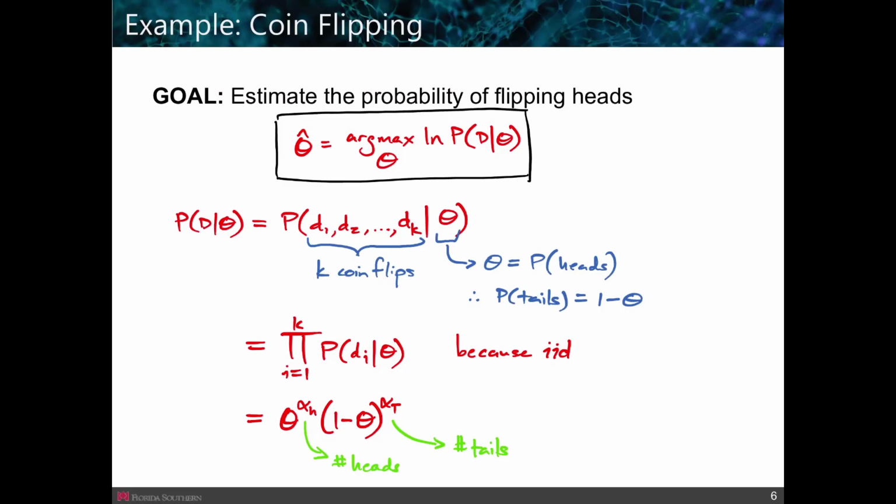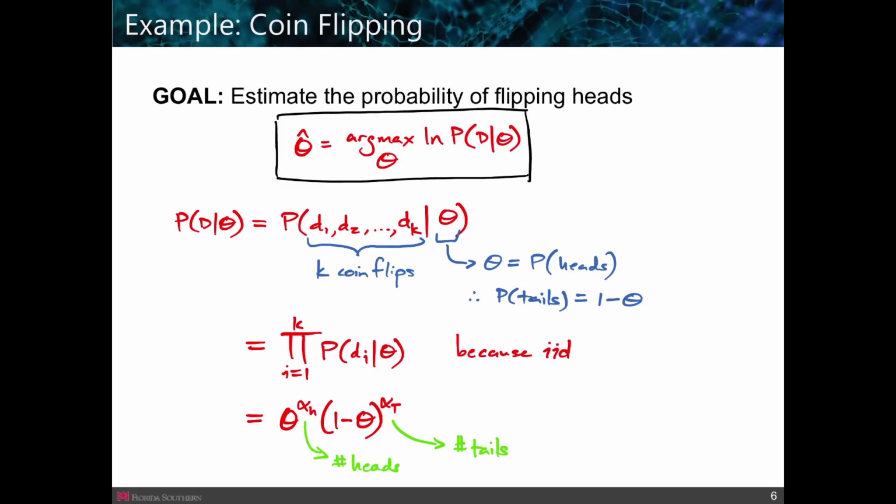Okay, and then because these are independent and identically distributed, we can change that conditional probability, which involves the joint distribution of all the data, all of the coin flips, into the product of the individual conditional probabilities. So we have P of D sub I given theta here. What's the probability of one of the coin flips given some value for theta?